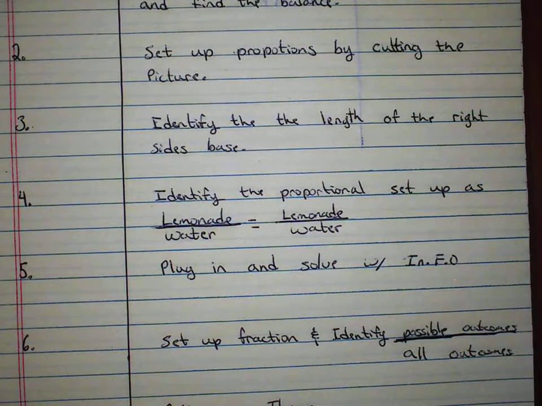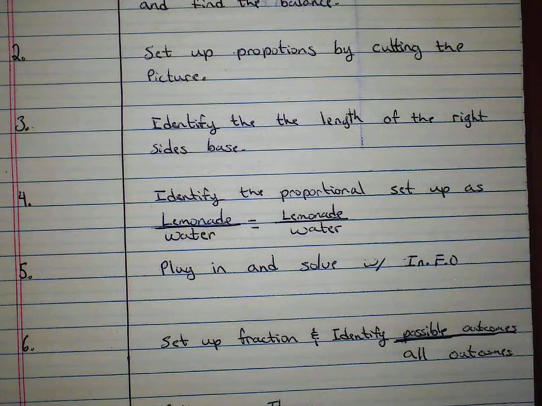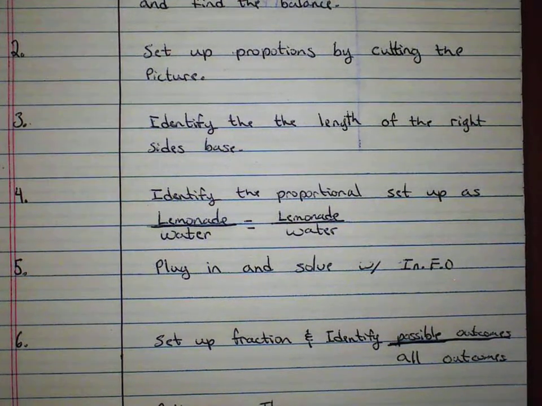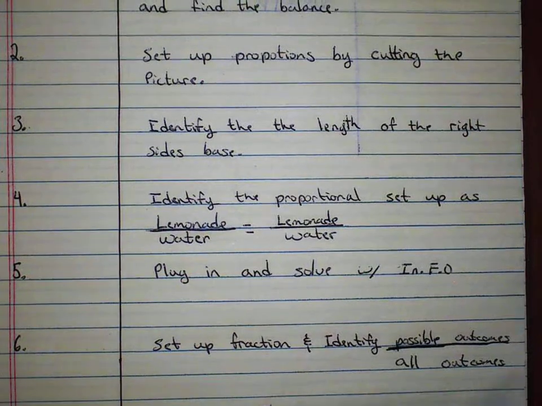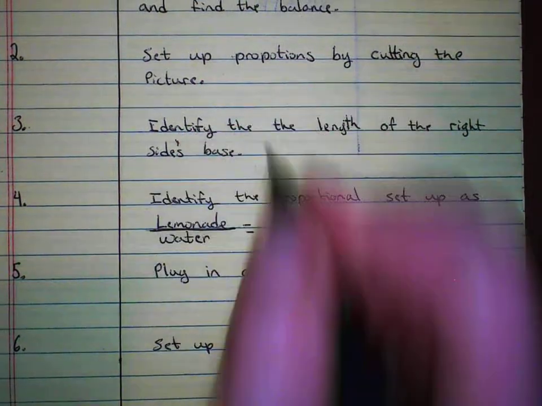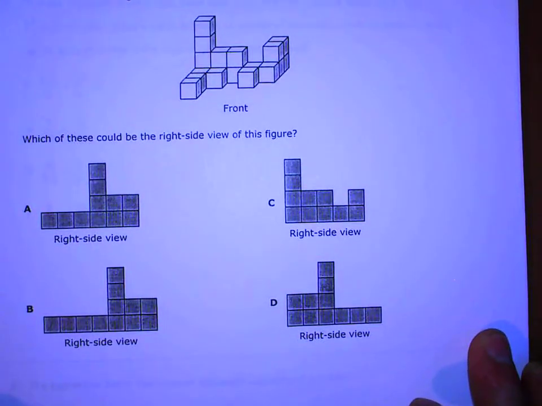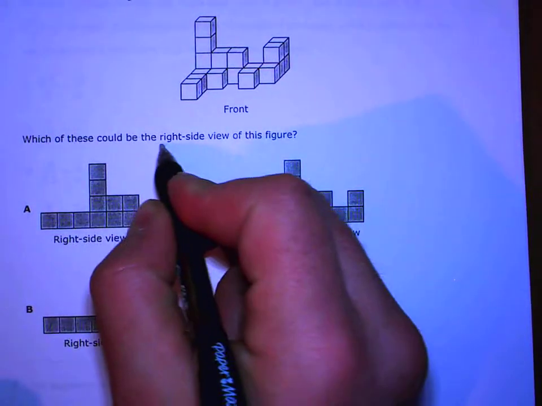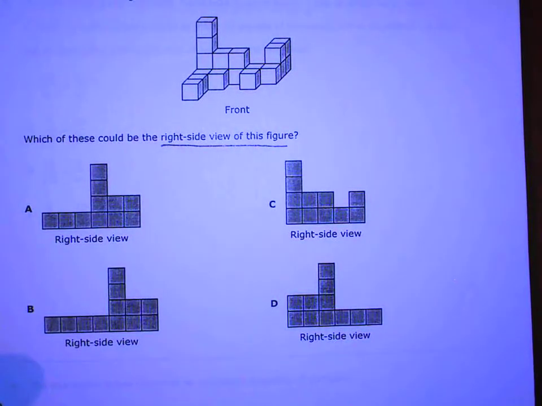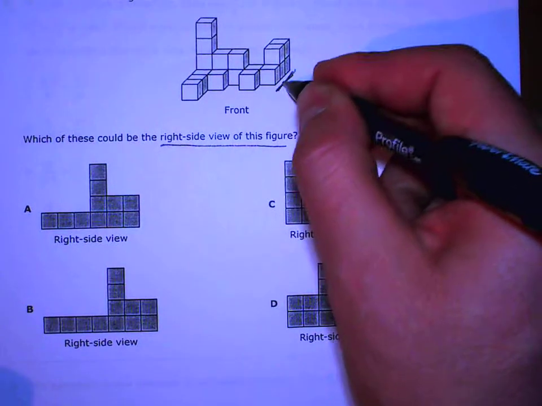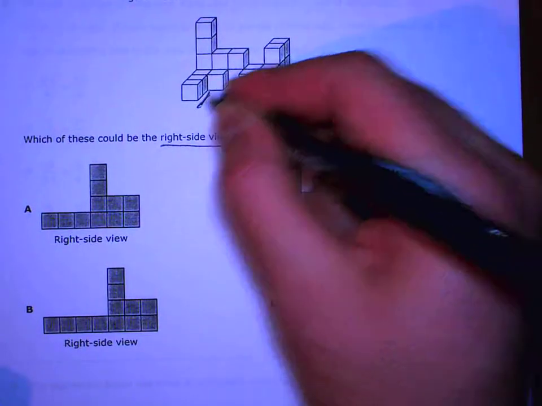Alright. So let's look at number 3. Number 3. Identify the length of the right side's base. We're looking at this picture. It wants to know the right side view. Identify the base. That means the bottom. Here, here, here.